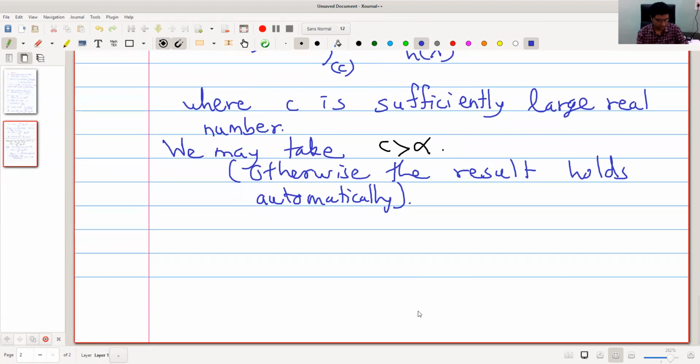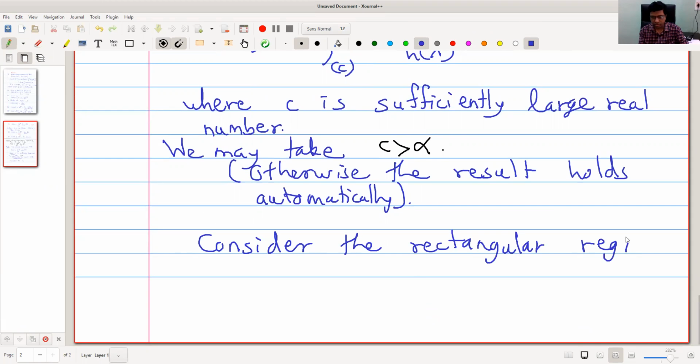Now we consider the rectangular region, say gamma, in the complex plane.